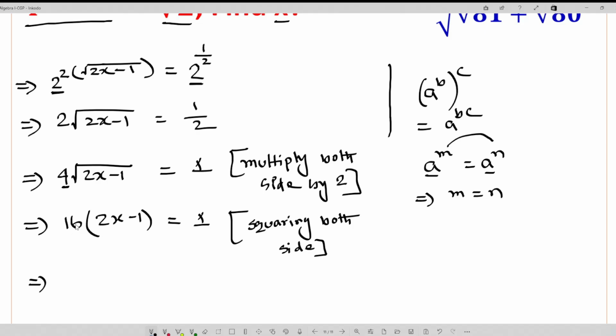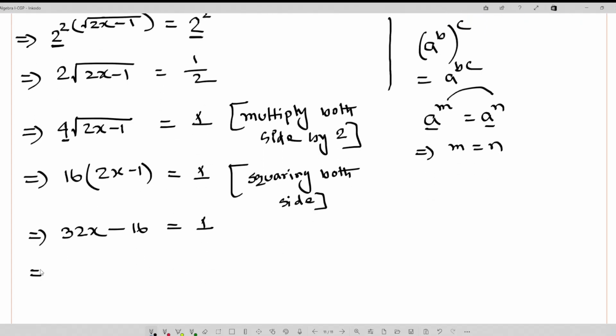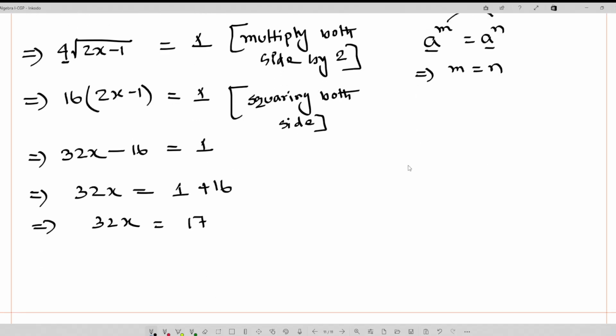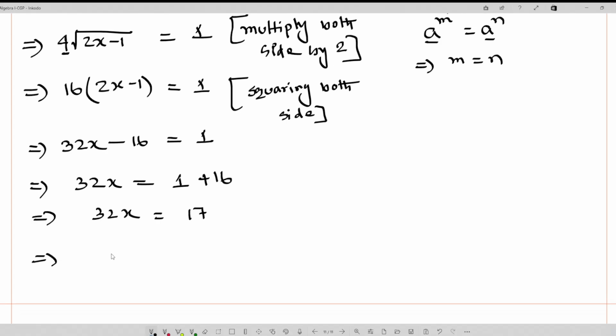So here is 16 times 2, it means 32x minus 16 equals to 1. Now 32x equals to 1 plus 16. So 32x equals to 17. Now look, we can divide both sides by 32.